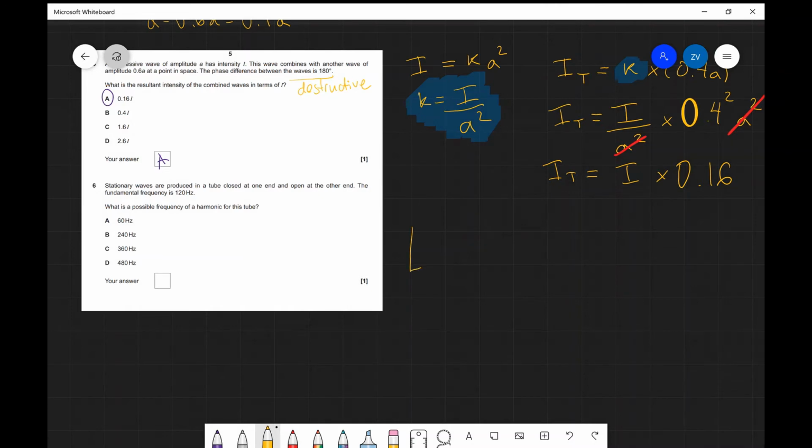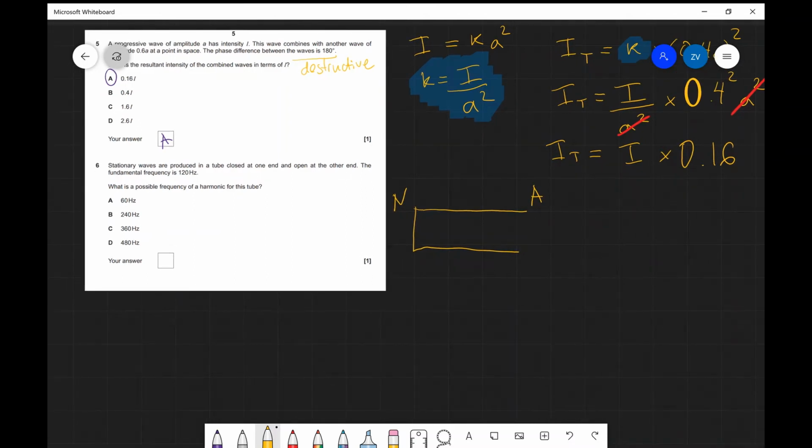Okay, now the first thing to note is that whenever we have a tube closed on one end and open on the other end, we have some boundary conditions. We're always going to have a node on the closed end. We're always going to need to have an antinode on the open end. This is our fundamental frequency, a node leading directly to an antinode.